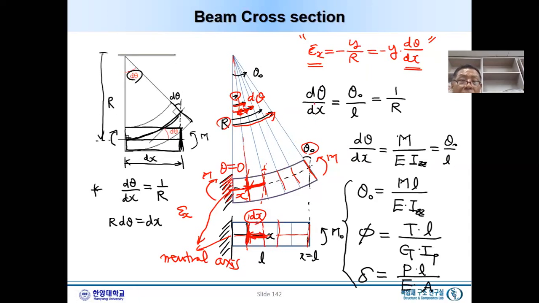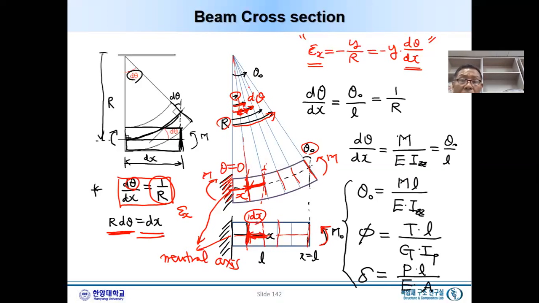So we can say that r d theta is equal to dx. From this, d theta dx is 1 over r. This is the curvature, and theta is the angle of rotation due to the moment we apply. So this is the one we obtain.